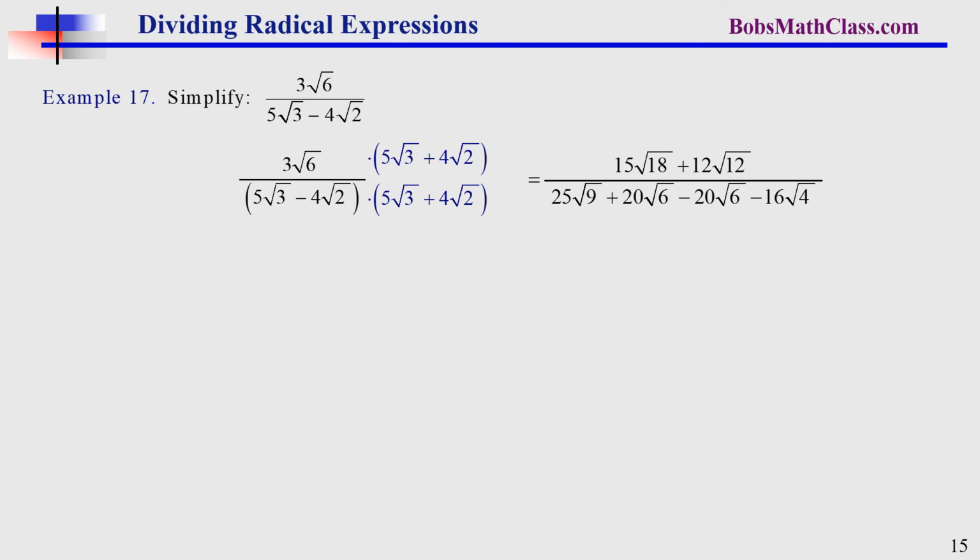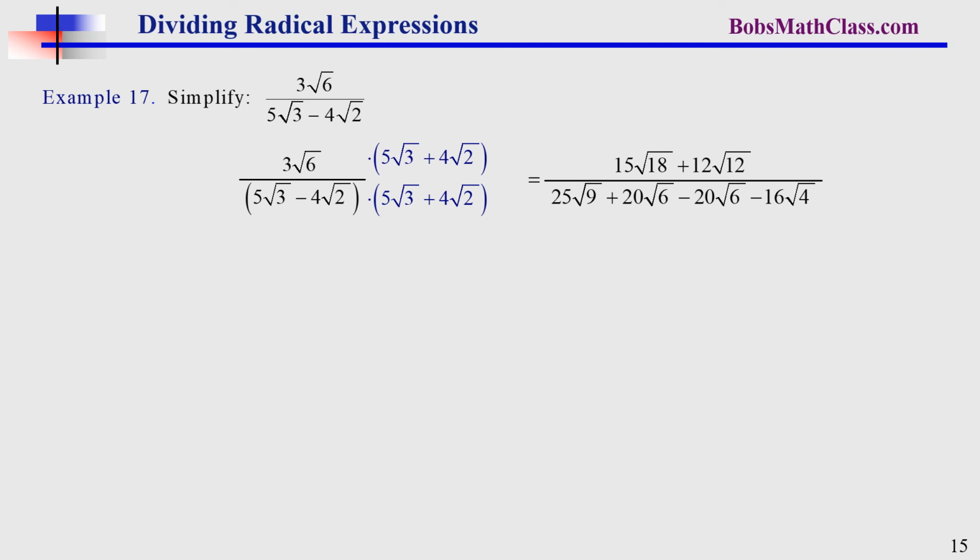Now we got a whole lot of simplifying to do, right? The numerator, the 18, that's 2 times 3 times 3, so a 3 is going to come out, 2 will stay inside. The 12 is 2 times 2 times 3, so a 2 will come out, a 3 will stay inside.